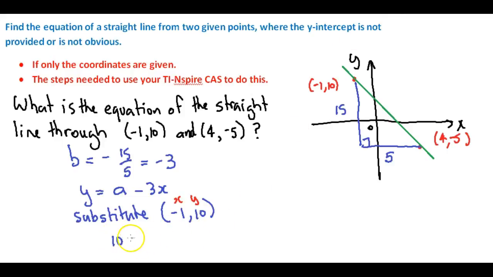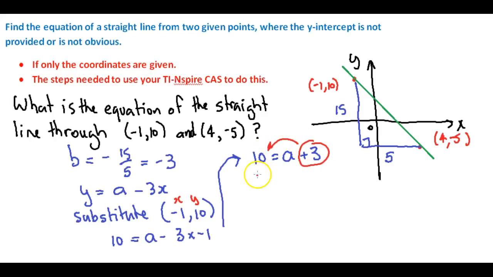So when y is 10, 10 equals a plus -3 times -1, replacing x with -1. A negative times a negative is a positive, so that gives us +3, and I change the side and change the sign to get a by itself, so a is equal to 7. And so the rule of this straight line is y equals 7 take 3x.